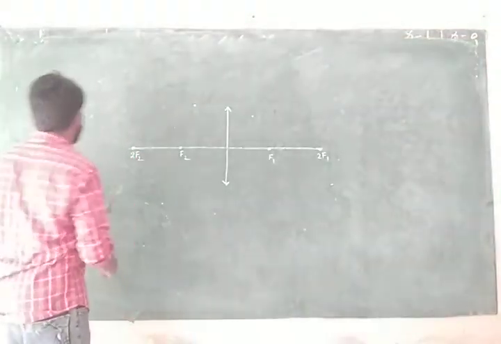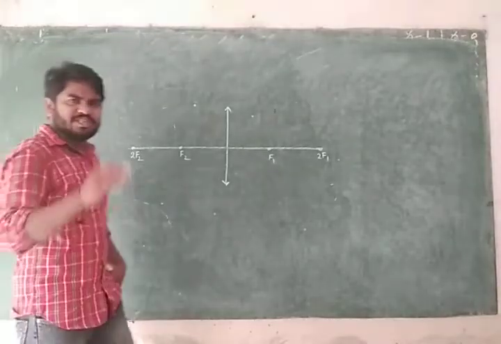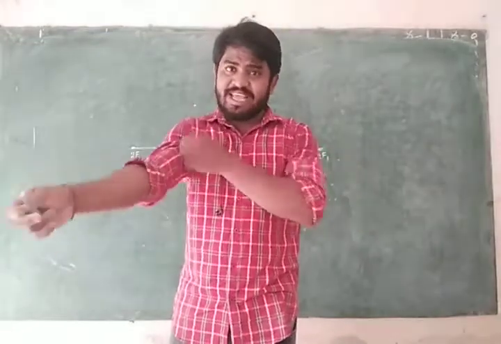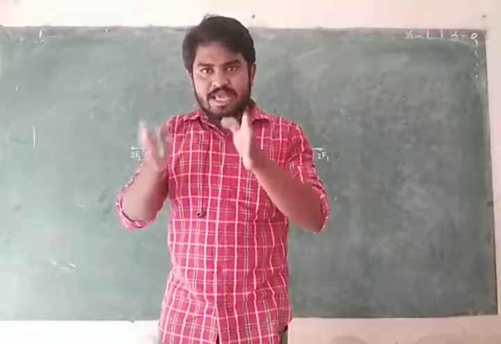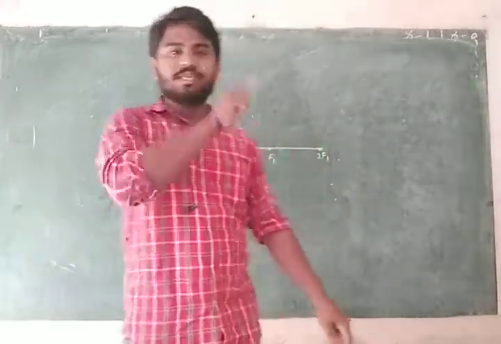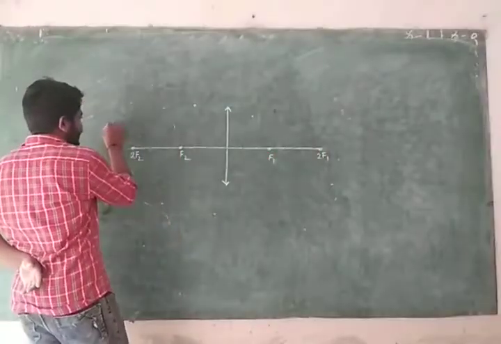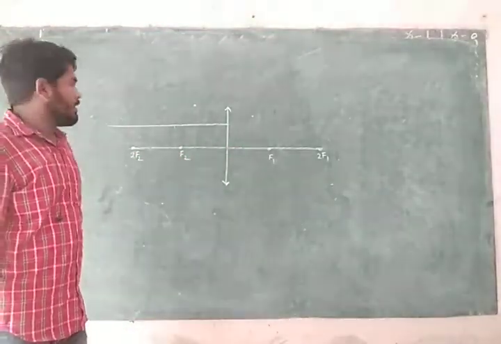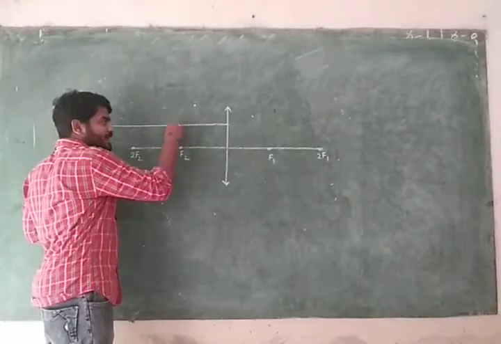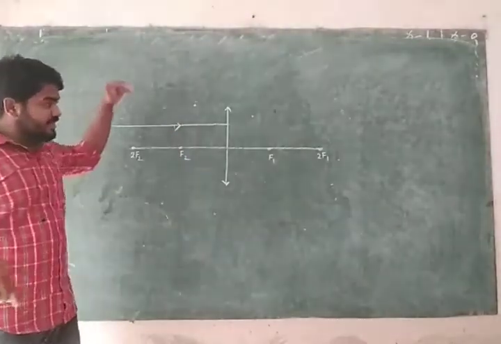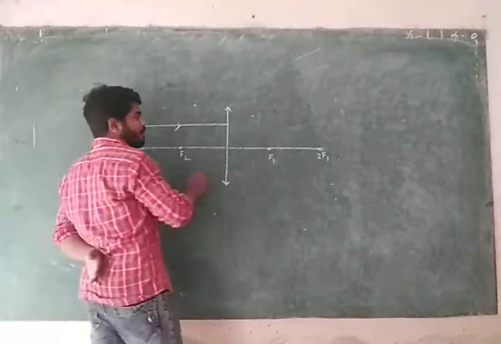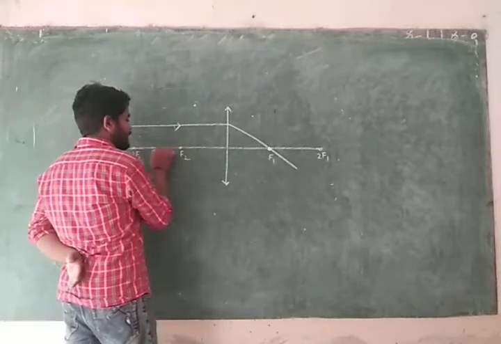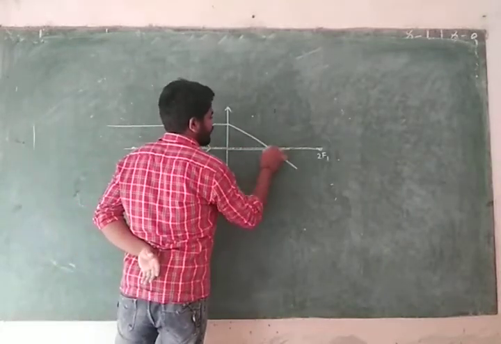So now the object is somewhere at infinity. When the object is at infinity, that means the light rays which are coming from the object are parallel to the principal axis. You must remember it, right? So they are parallel to the principal axis, right? So we know that when light rays are parallel to the principal axis, they will meet at the focal point. So another light ray comes like this, and this also meets here. So what happened now?